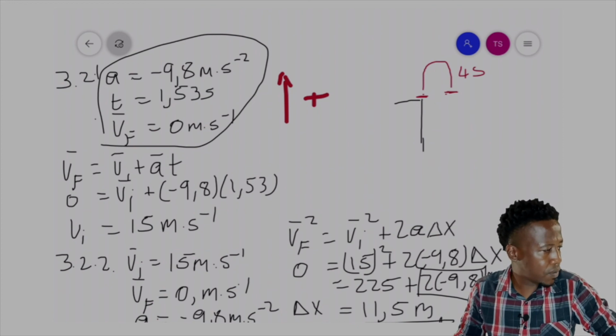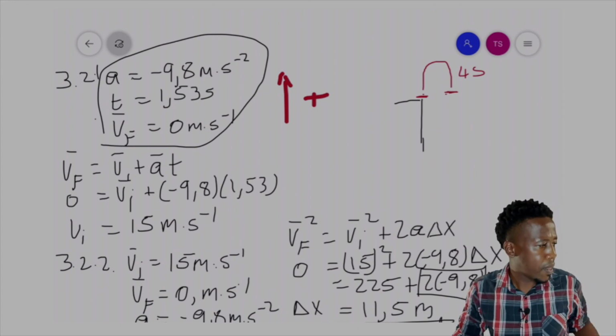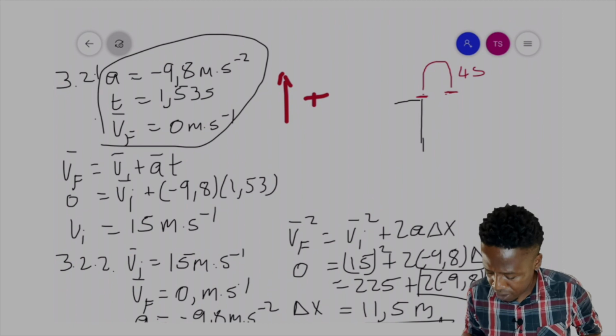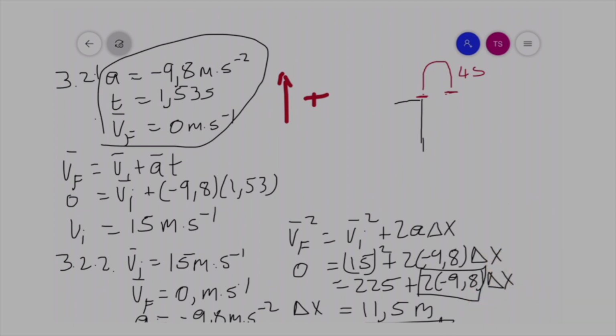Now what are they looking for? They are looking for this height here. That is what they are looking for. Now let's calculate that height over there and see what we get.